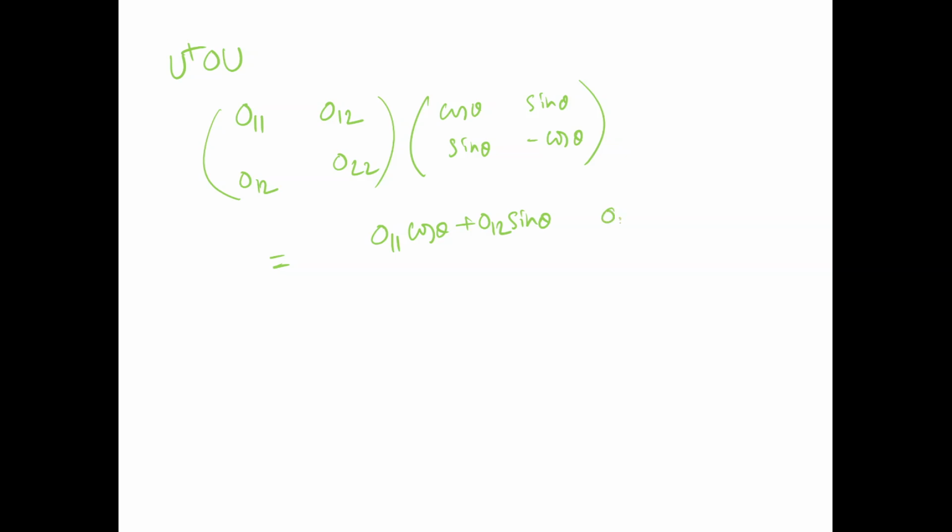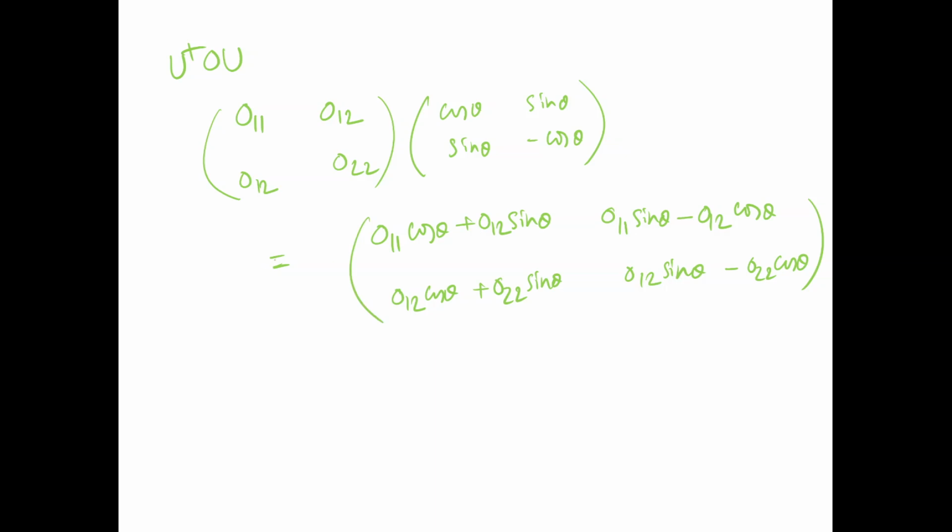Then you have O11 sin theta minus O12 cos theta. And here you have O12 cos theta plus O22 sin theta, O12 sin theta minus O22 cos theta.